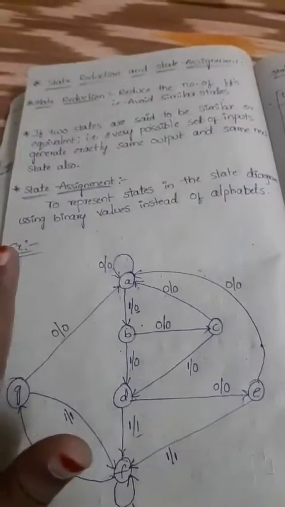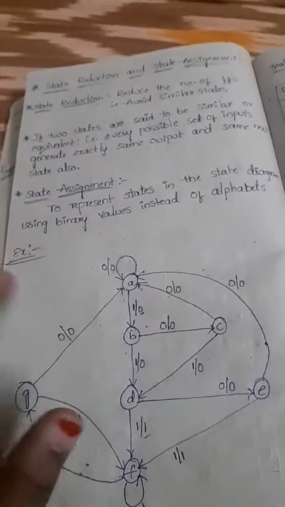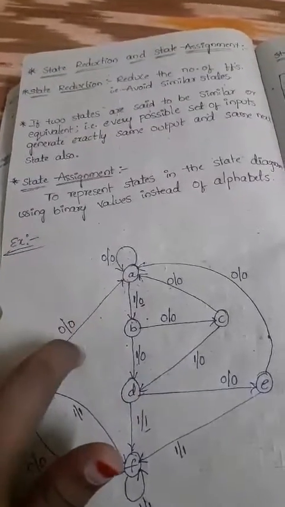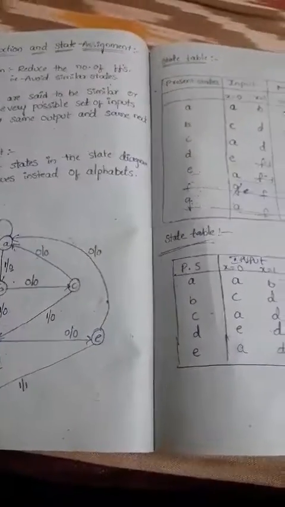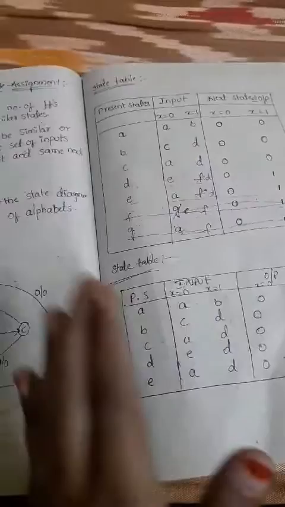This is very important for the next concept, the design of clocked sequential circuits. We have to reduce the states, and whatever states you have will be converted into binary form. Based on this, you take the binary codes.